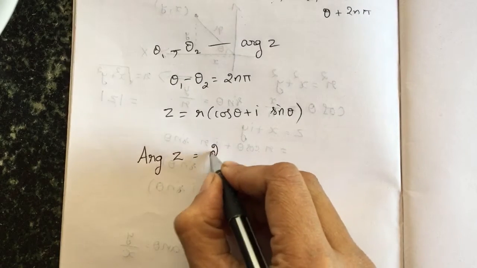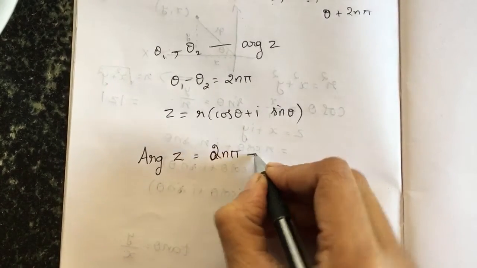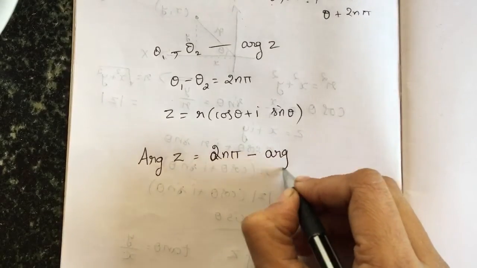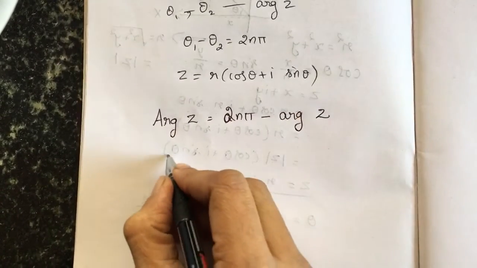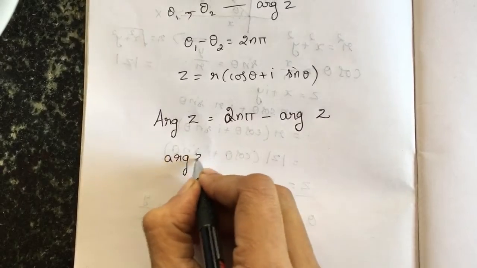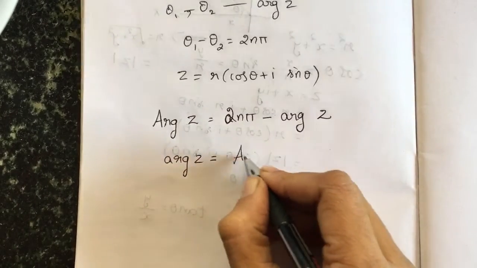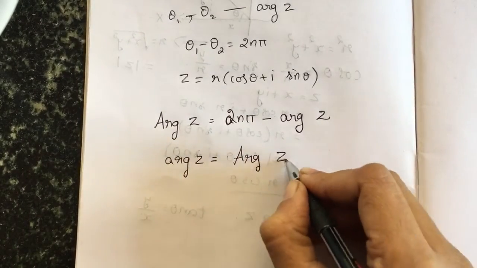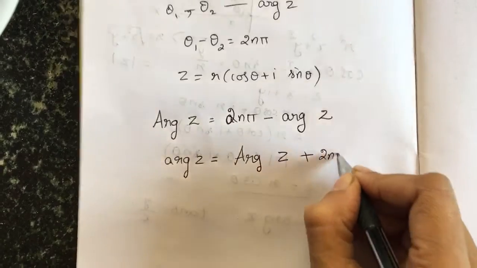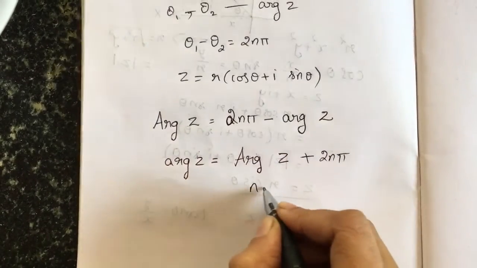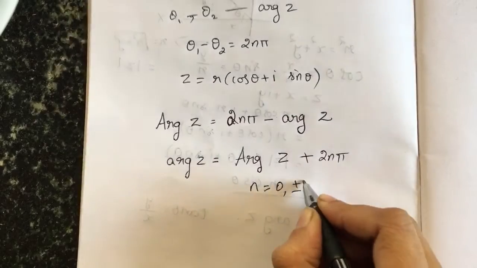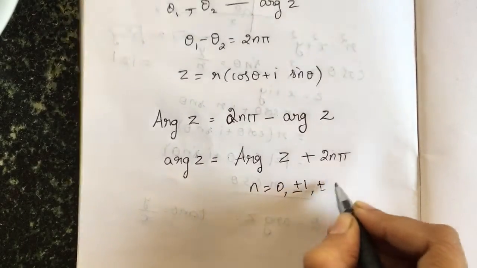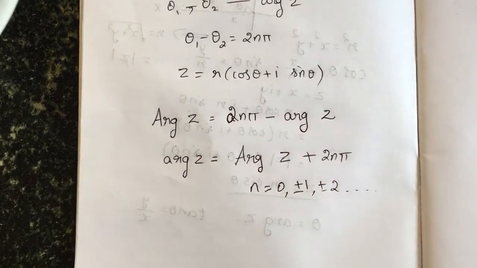The relation is: arg z equals Arg z plus 2n pi, where n can be 0, or plus or minus 1, plus or minus 2, like that.